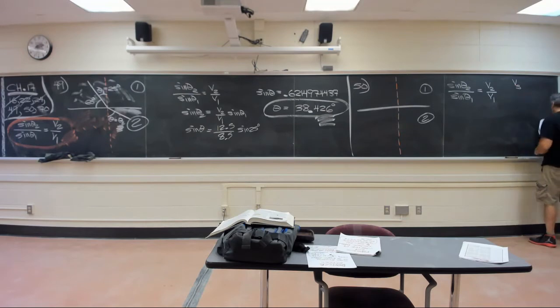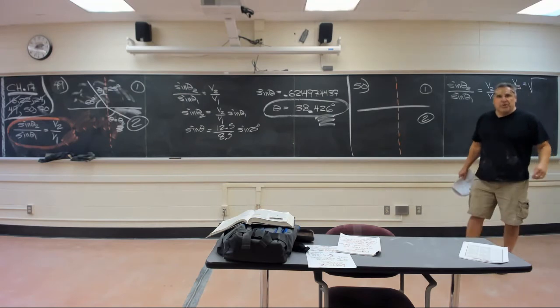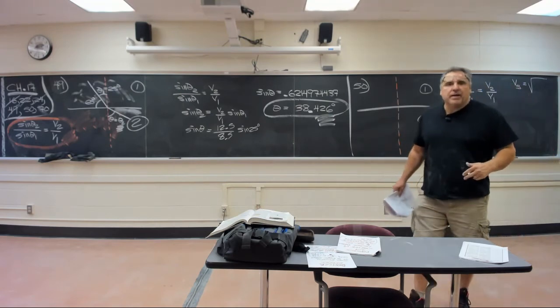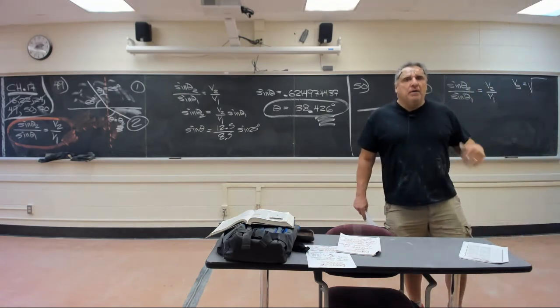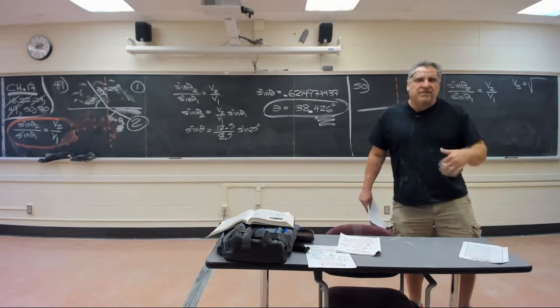I think they use it for sound, but we use it for everything. It's very similar to what we were talking about earlier. Remember the square root of F sub t over mu, the ratio of tension force divided by mu?